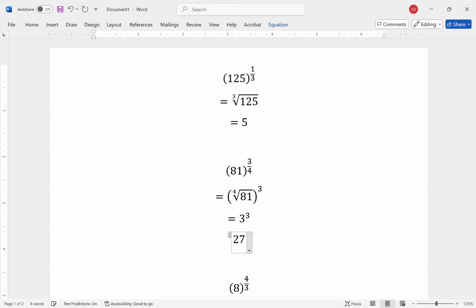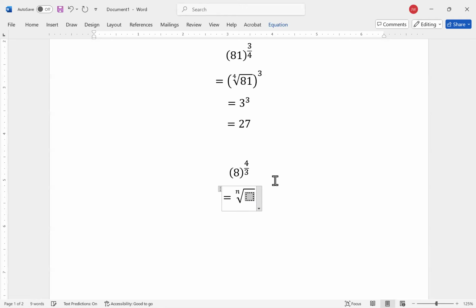Similarly, if we want to take 8 and raise it to the 4/3 power, what I would do is say, let's take 8 and the 3rd root of that. Remember, the denominator is determining the size of the root there. And then raise that thing to the 4th power.